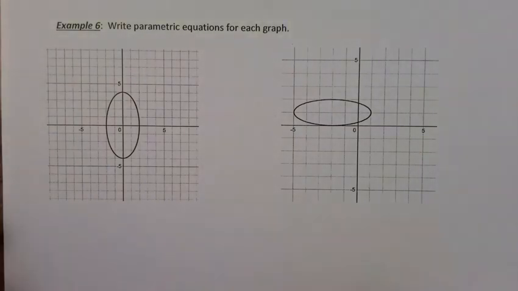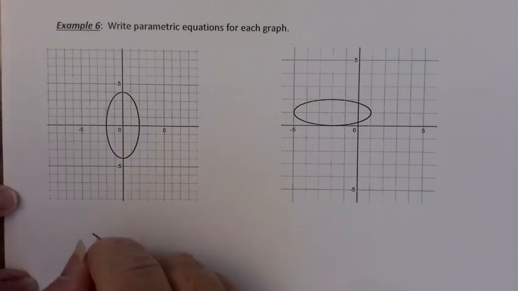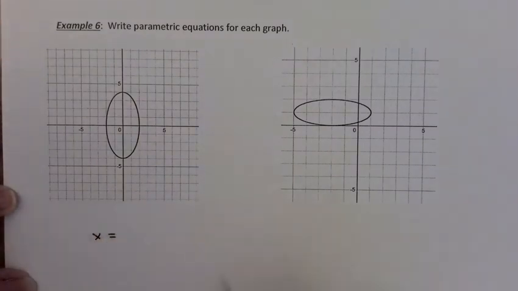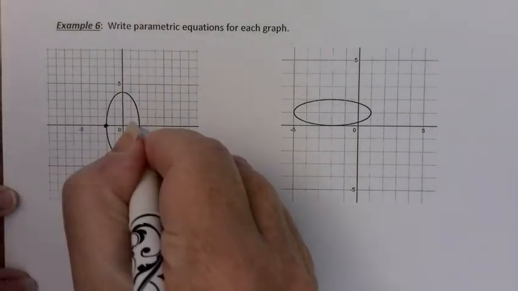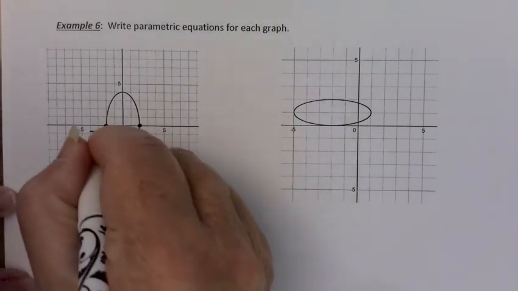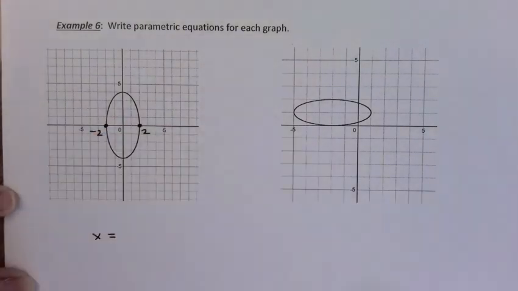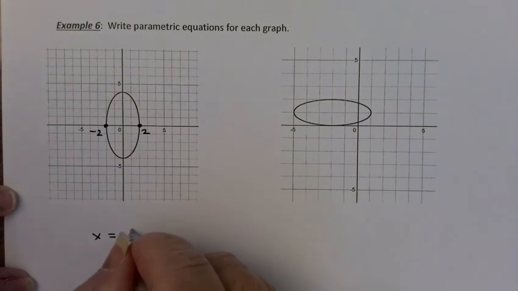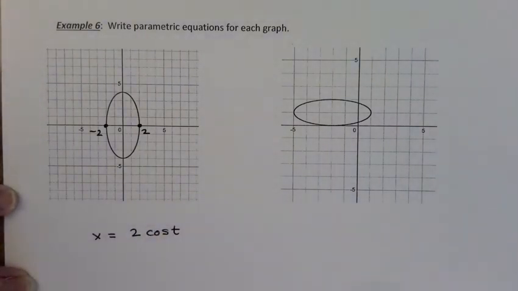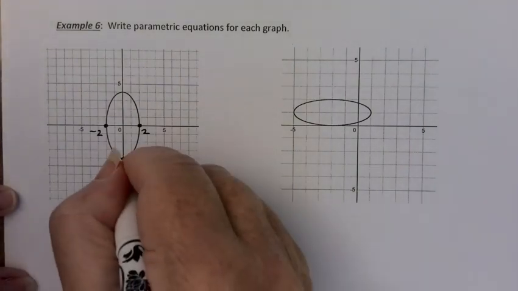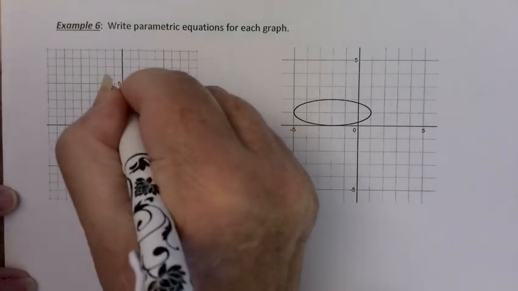All right, so let's see here. We're going to have x equals, and on the x-axis, notice that we go from -2 to +2. So I'll have 2 cosine t. Y equals, here I'm going to go from -4 to +4.